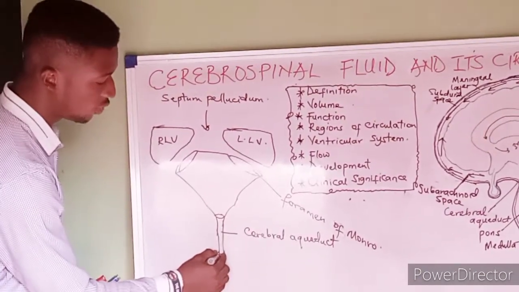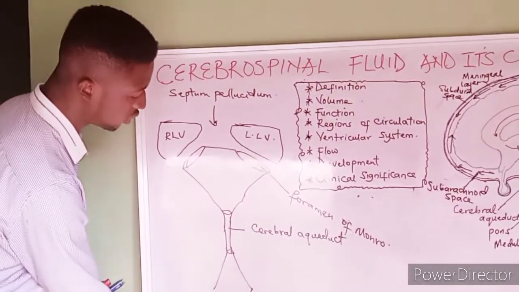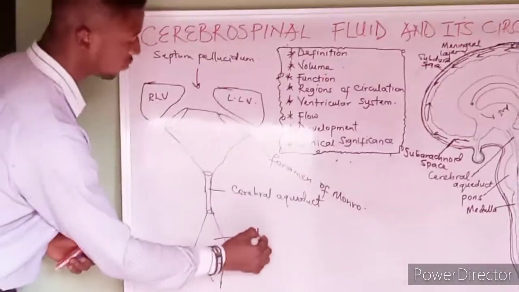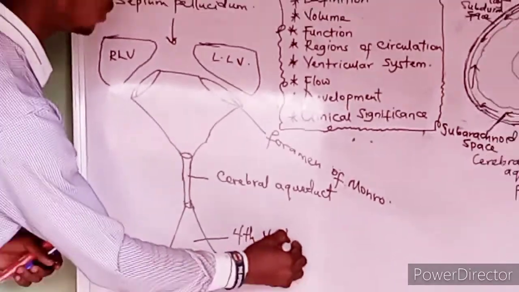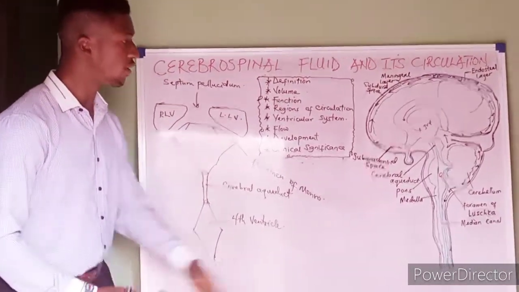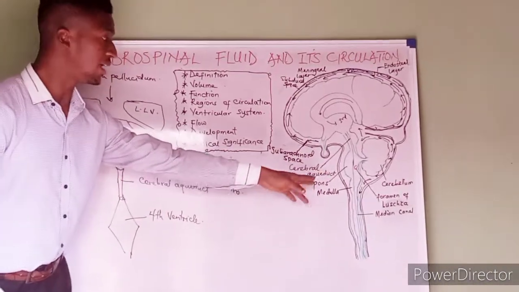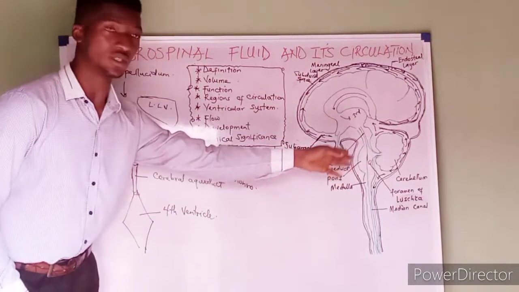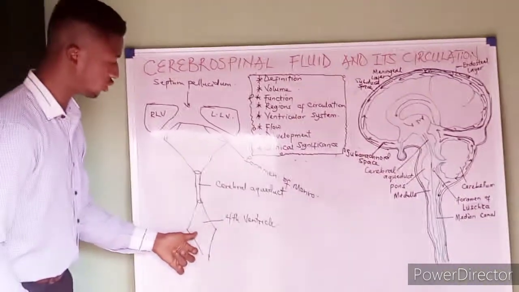And here you have our fourth ventricle. Do not forget we say that the fourth ventricle is found in a region bounded anteriorly by the pons and medulla and posteriorly by the cerebellum.